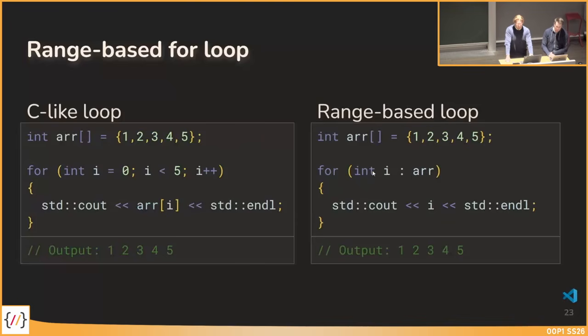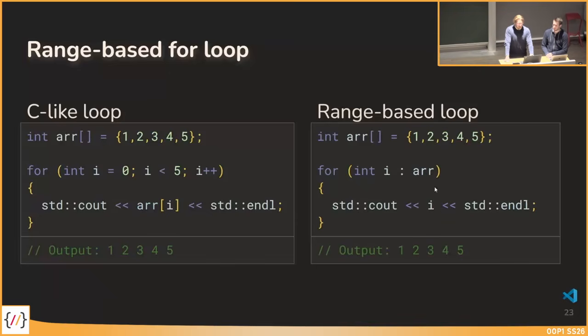So when we enter this loop here, the first element of the array is assigned to I, and we can then just use the variable I. So this is not the index anymore, but the actual value that is stored in the array, and we can print it, we can do whatever we want.